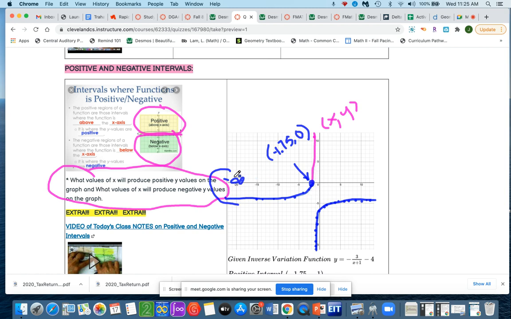So from negative infinity on the left all the way up to that x-intercept right there at the -1.75, all of these x values are going to pair up with negative y values. Does that make sense?